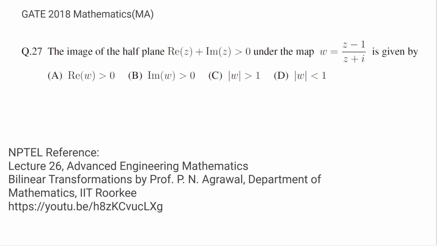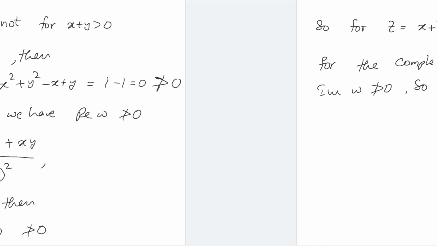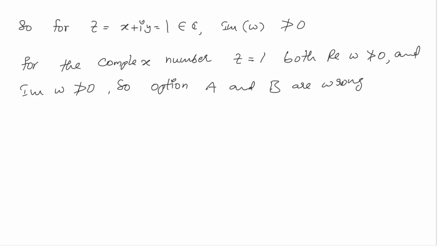So we can say at z equal to 1, we have w equal to 0, since z equal to 1 is the zero of this function, and that complex number lies in this region. So mod w equals 0, which is less than 1.